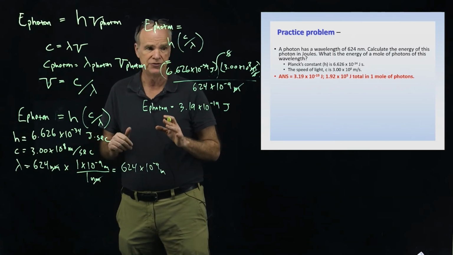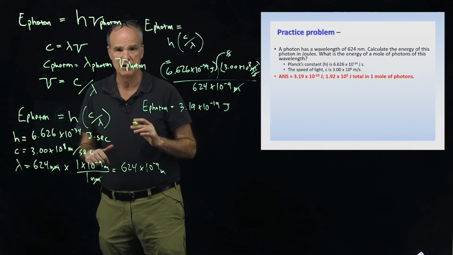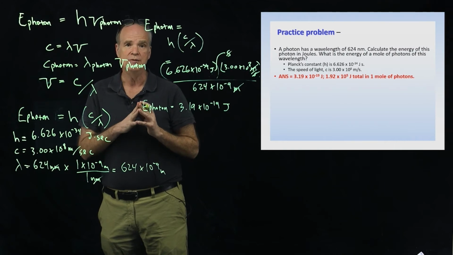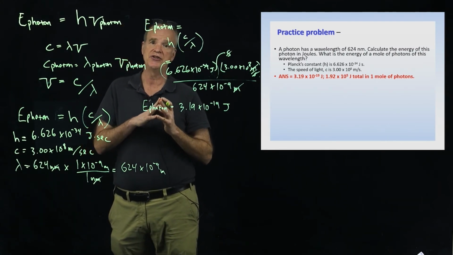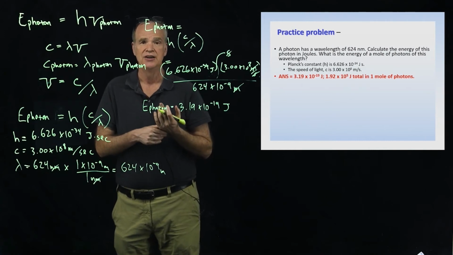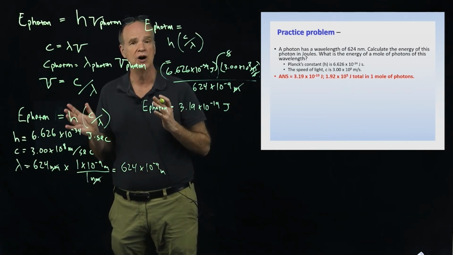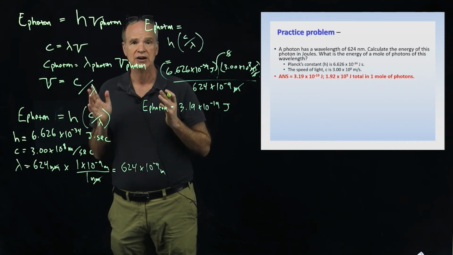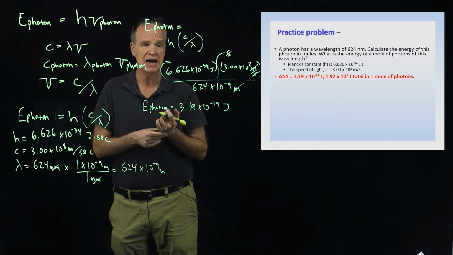So how would you figure out that? Well, that's not so bad. One thing you might remember is that 1 mole of anything is equal to 6.022 times 10 to the 23 of that anything. Usually it's applied to, say, atoms or molecules, right? So if you have 1 mole of atoms, that is 6.022 times 10 to the 23 atoms.